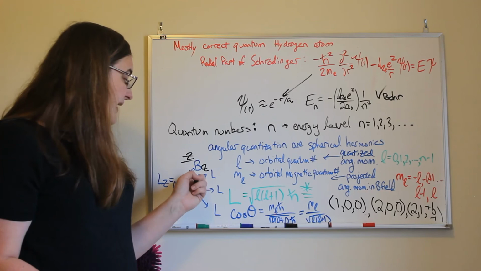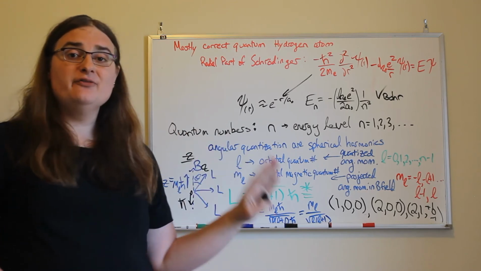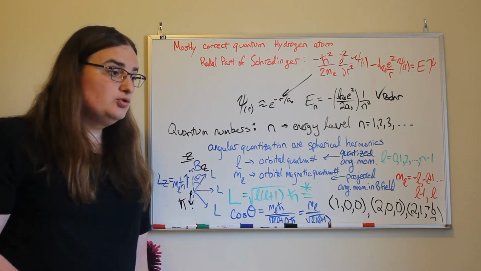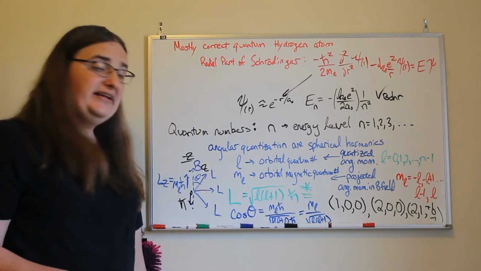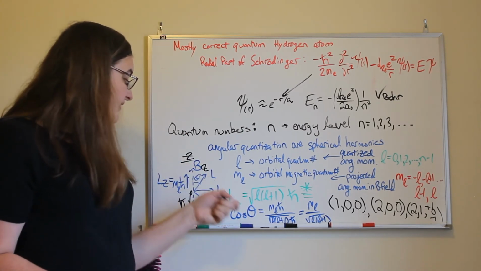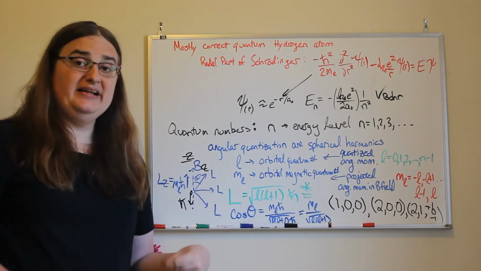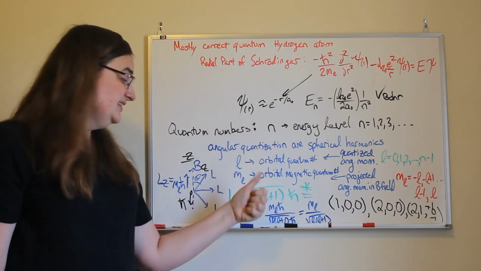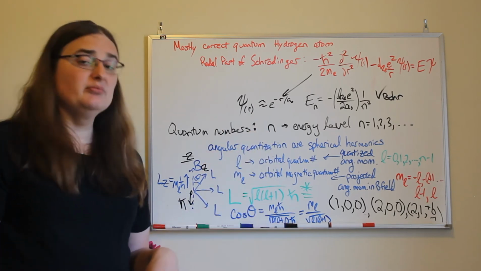So we could figure out the angle between the magnetic field and the axis of the angular momentum. The cosine of that angle from the axis of the magnetic field would be the amount of angular momentum along the z-axis divided by the total angular momentum.